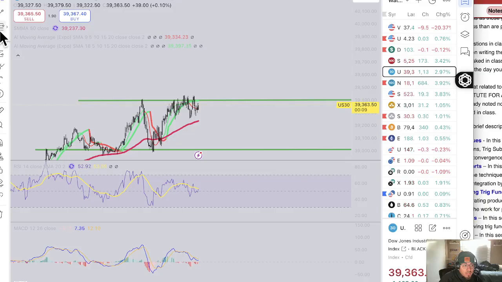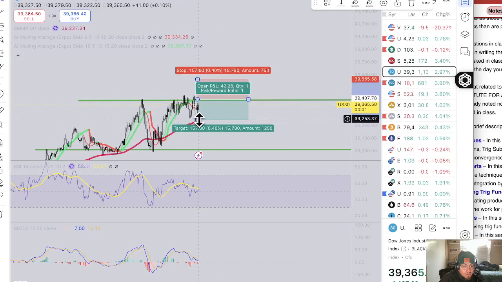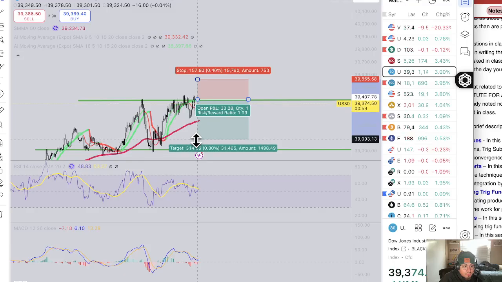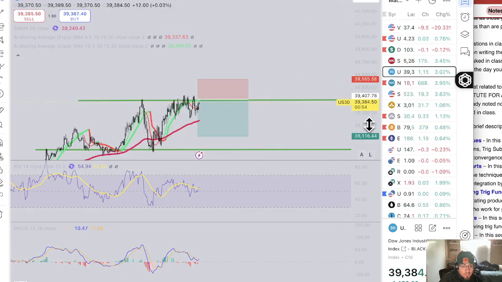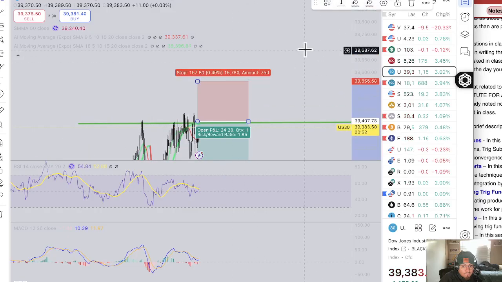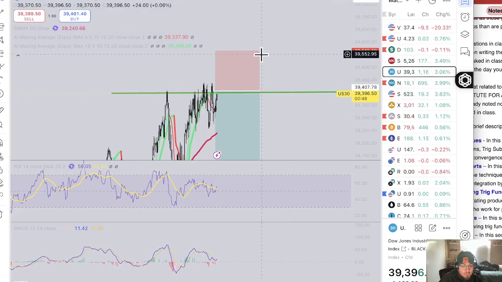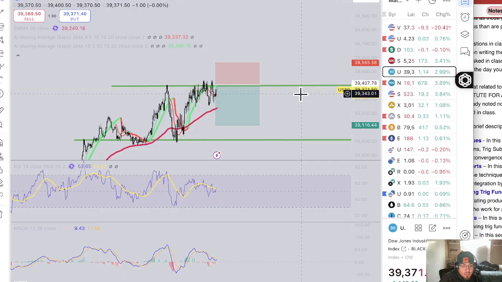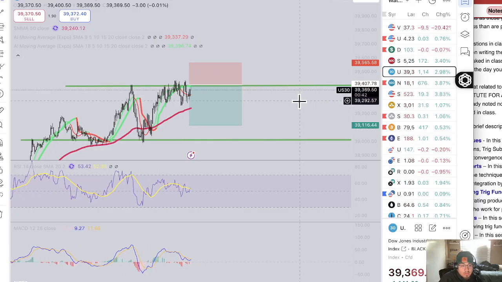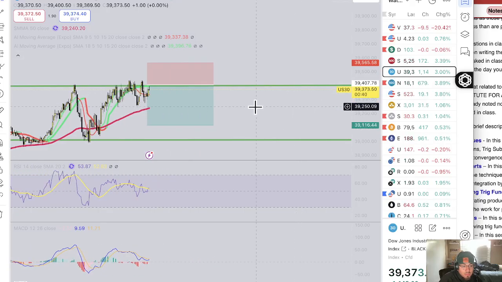So what I'm looking at right now is a short position, and hopefully it comes down here. Lock that trade up. That's what I'm seeing if we're going into a downtrend.